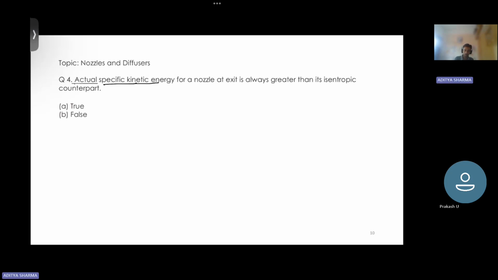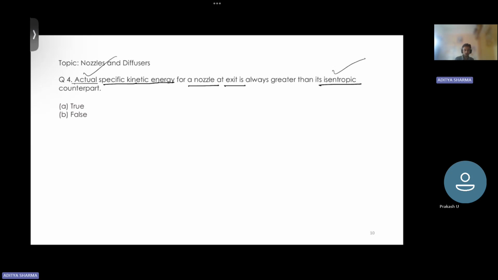And then it says specific kinetic energy for what? For which device? For the nozzle, right? And then for the nozzle at exit, it is doing some comparison, that it is greater than this and greater than that. The comparison is between two cases, right? One is the actual case and one is the isentropic case.